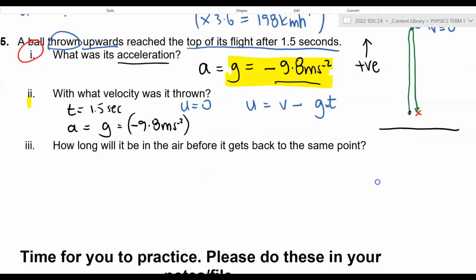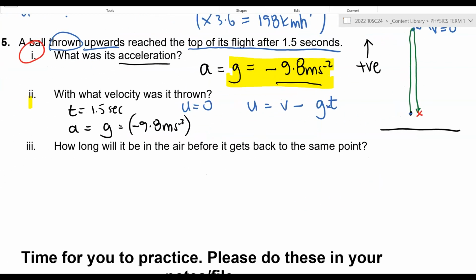Vertically, its velocity is 0. So with part 2, it says it reaches the top of its flight after 1.5 seconds. At the top of the flight, the final velocity is 0. So our initial velocity is the question mark. So we can go minus, final velocity is 0, minus negative 9.8 times 1.5.